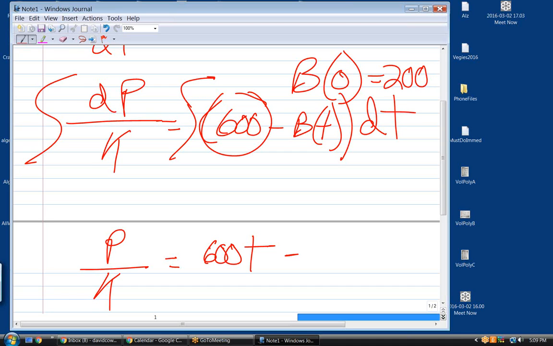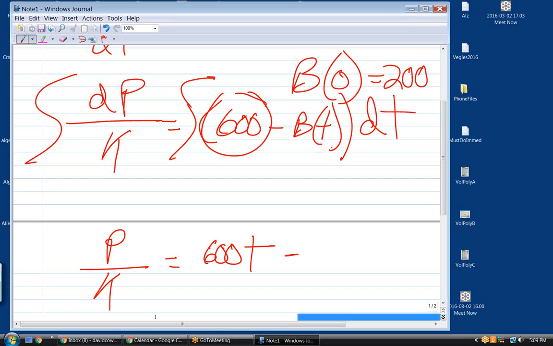The rate of change of the population of bears is modeled by the differential equation db over dt equals 600 minus b. And y equals b of t is the solution to the differential equation with the initial condition b of 0 equals 200.